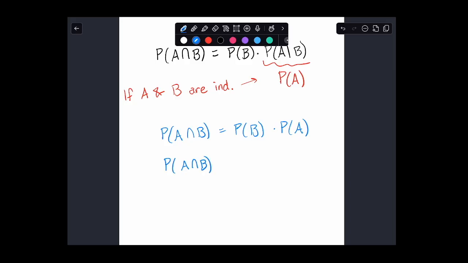If my events are independent, then to find a probability of an intersection, I just find the probability of each event and multiply them together. And if I have more events, I can still just keep multiplying the probability of each one times the other, if my events are independent. And so this makes it much easier to find the probability of intersections if our events are independent.